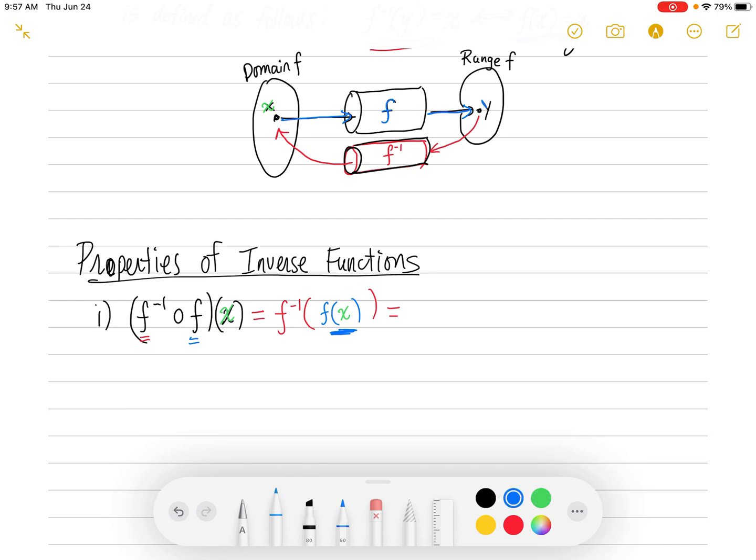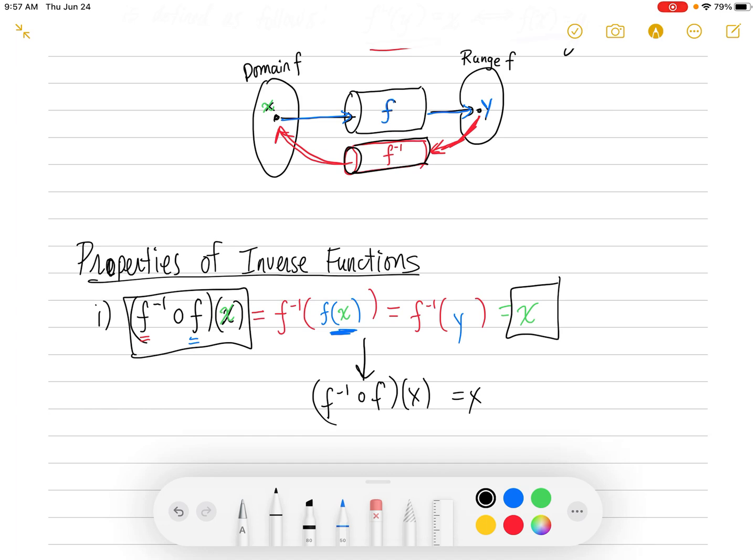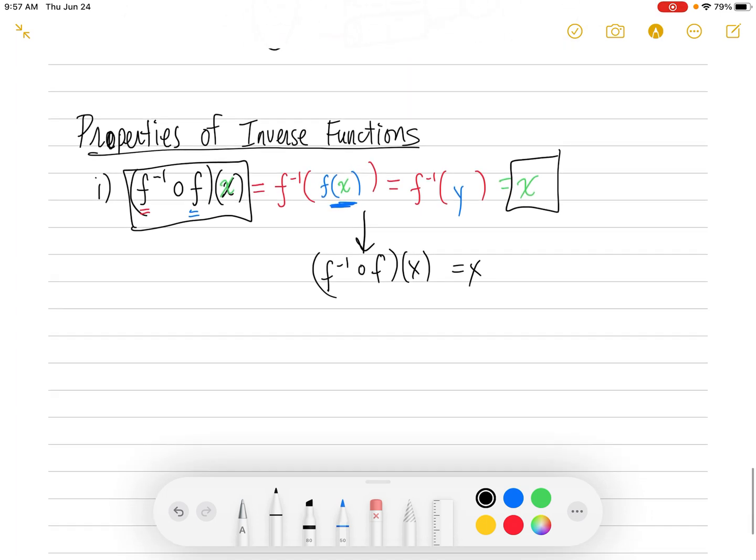So we're going to start on the inside here with f of x. We're starting with x as the input. That gets sent here to y, so I'm going to replace f of x with y. And then y, if you follow the arrows, goes through f inverse and gets sent back to x. So the property we're focusing on here, if you put this all together, is f inverse of f of x equals x.